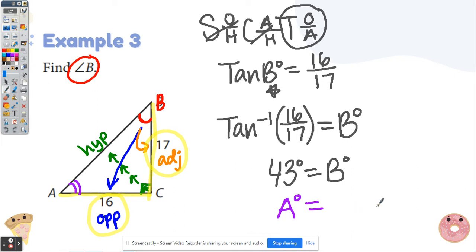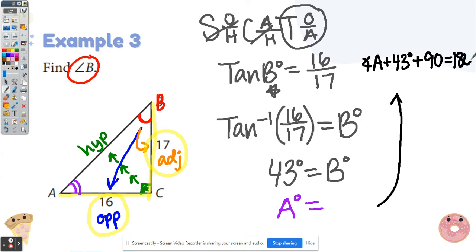So to get angle A, it's angle A plus the 43 degrees we just found out plus the 90 degrees because it's a right triangle equals 180. 43 plus 90 degrees is equal to 133.